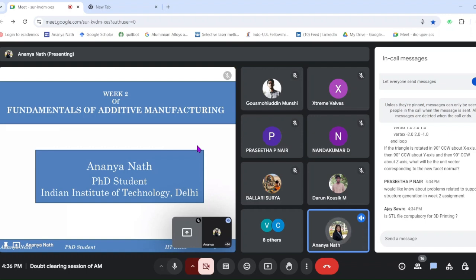So for that, STL file is important. To define a smooth curve, we will select more number of triangles, and for general surfaces like flat surfaces, we can go with fewer, larger triangles also. It basically depends how much accuracy you need.